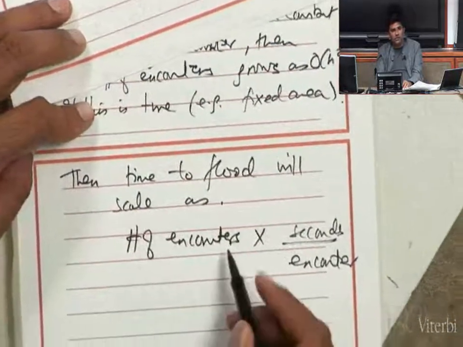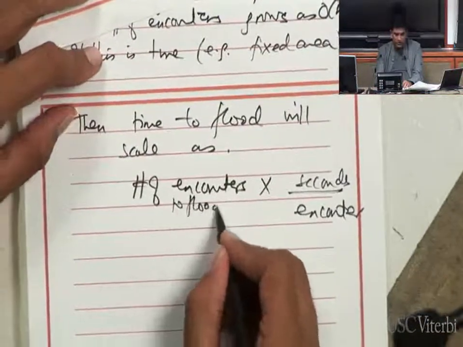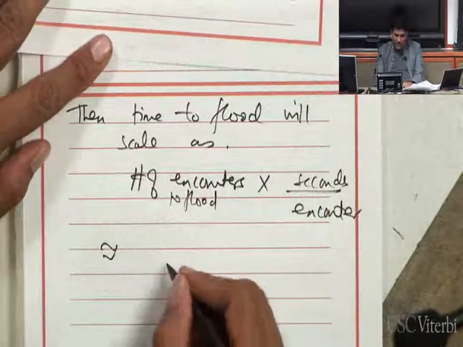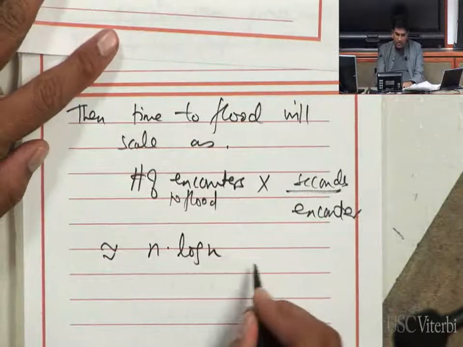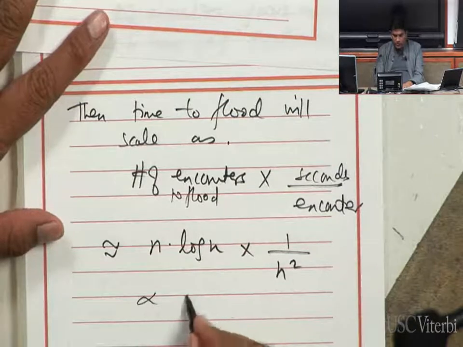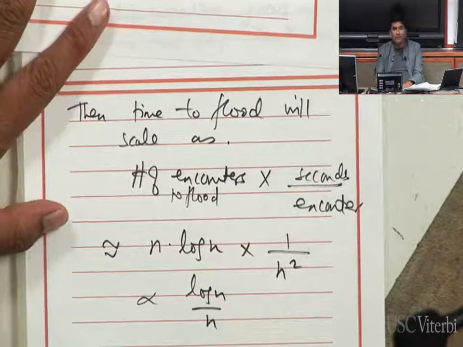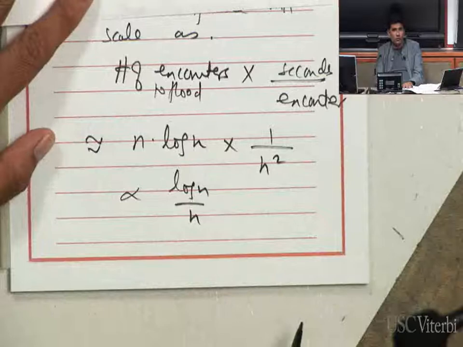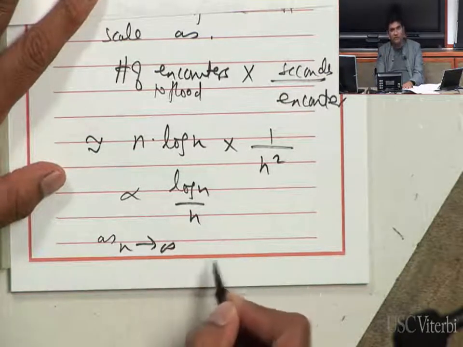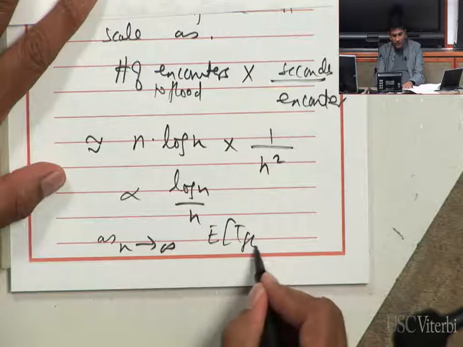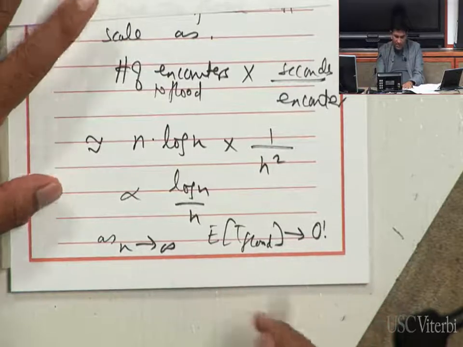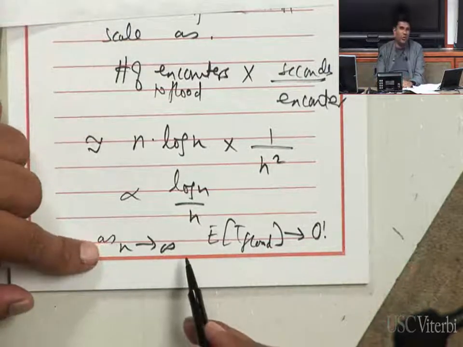The number of encounters to flood, which we computed is order n log n, will basically grow roughly as n log n times 1 over n squared, or in other words, as proportional to log n over n. Okay? And what's interesting here is that as n gets larger, or as n tends to infinity, the expected time to flood would tend towards 0. Or at least that's exaggerating, because n can never be quite infinity.